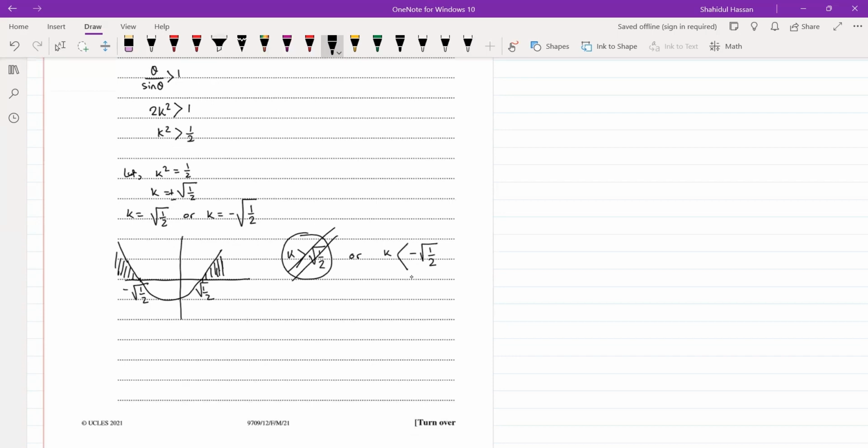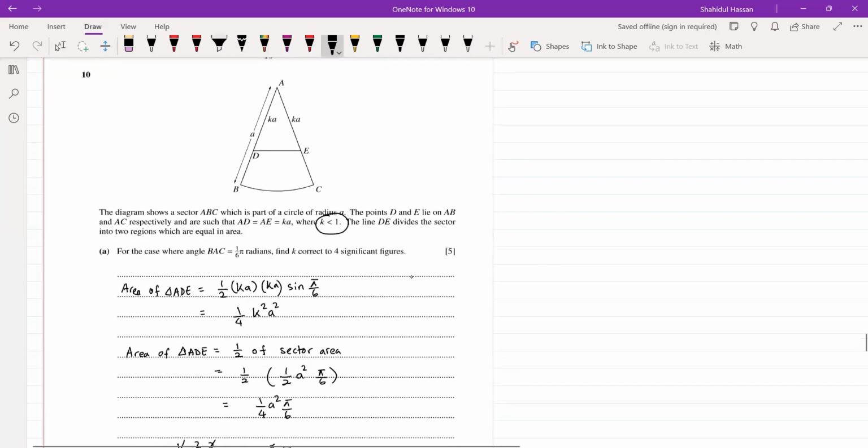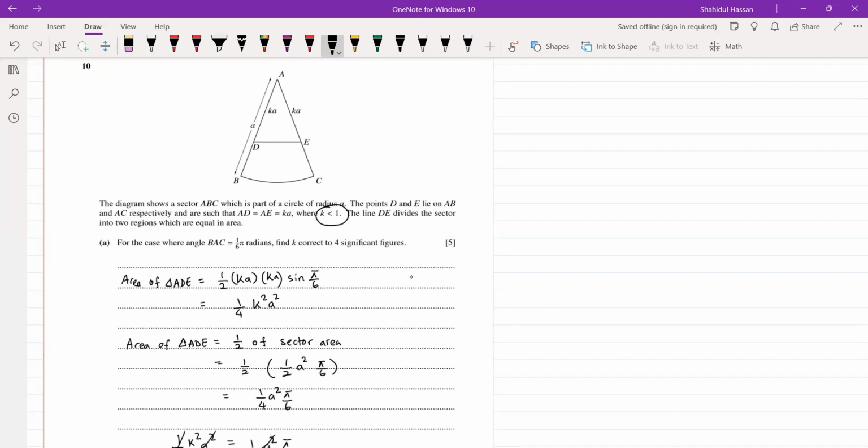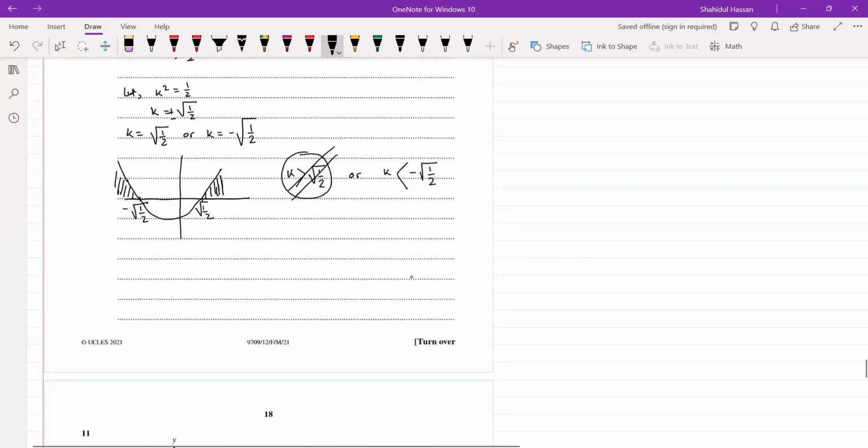From the given condition in the first part of the question, k is less than 1. Here we have k is greater than square root of half. Since the question says k is less than 1, k can be greater than square root of half, but not all the way.